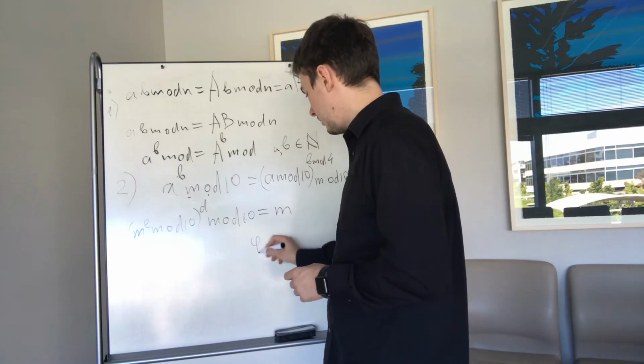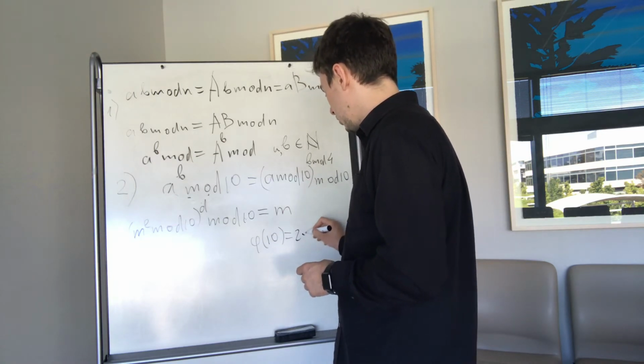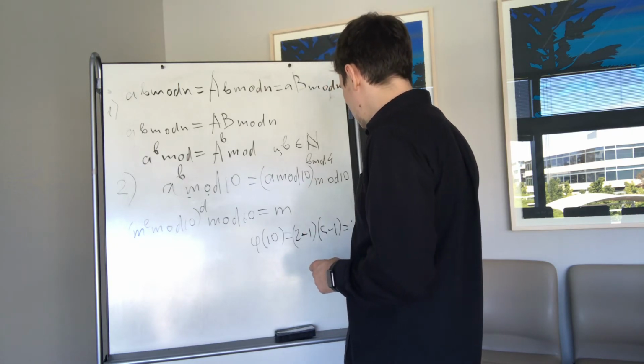In this case, phi of 10 equals 2 minus 1 times 5 minus 1, which equals 4.